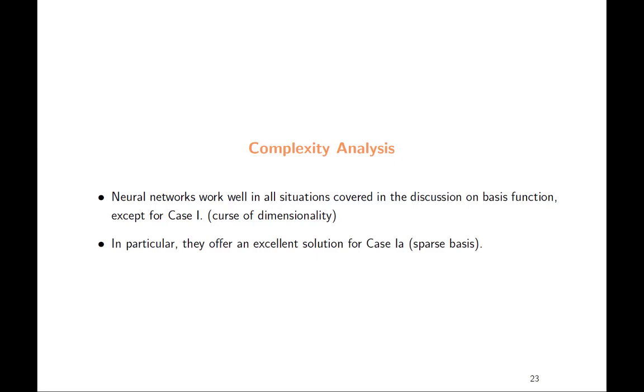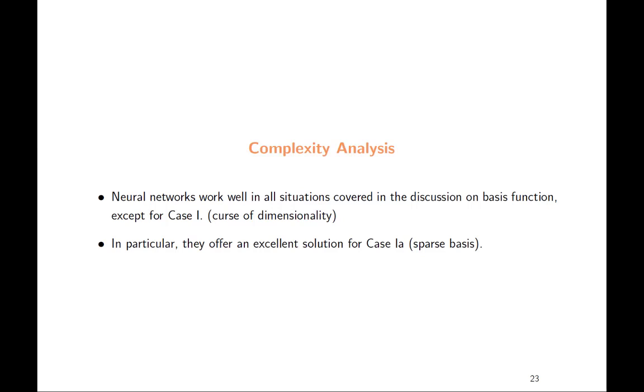If we go back to our analysis on complexity, of course it works well in cases 2, 3, and 4. So it works well in the blessing of dimensionality with low input dimension but high complexity. And of course it also works well if the inputs are high but the function has low complexity.